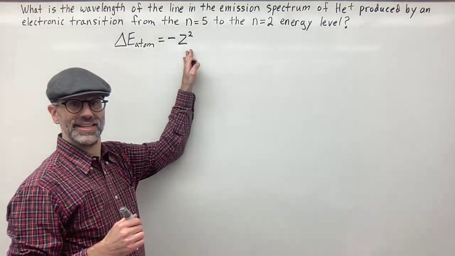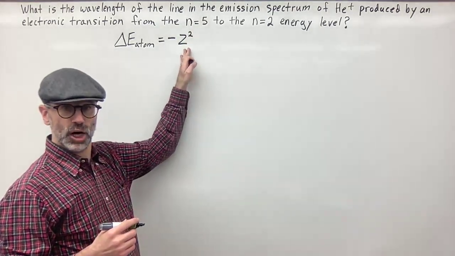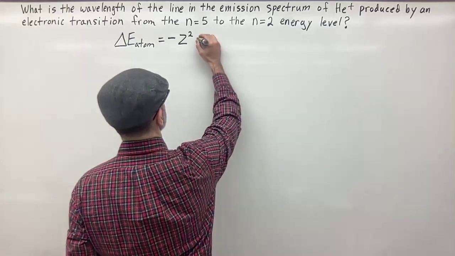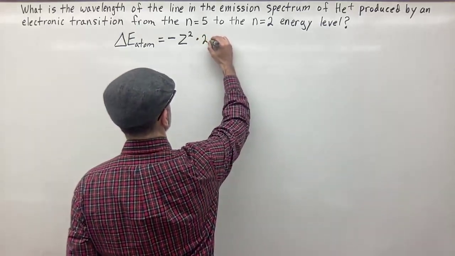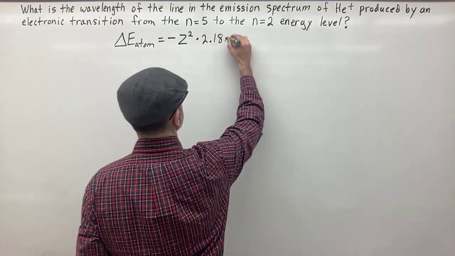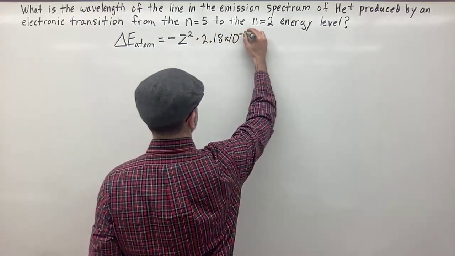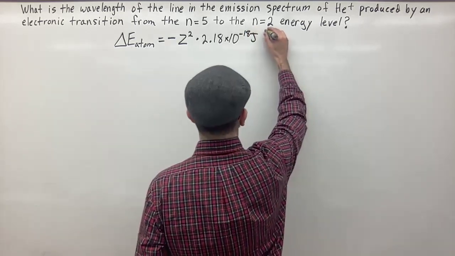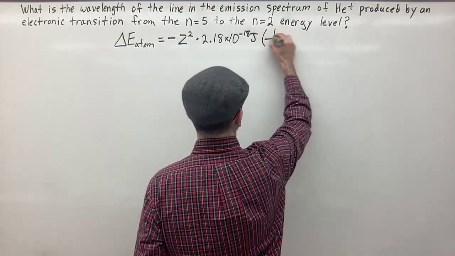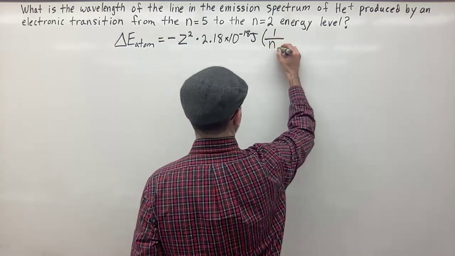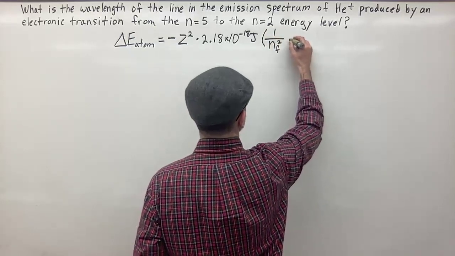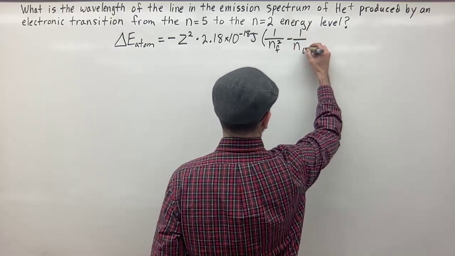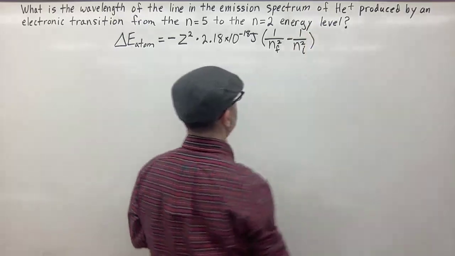So Z is the effective nuclear charge, and that's going to be multiplied by 2.18 times 10 to the negative 18 joules, multiplied by 1 over nf squared minus 1 over ni squared.